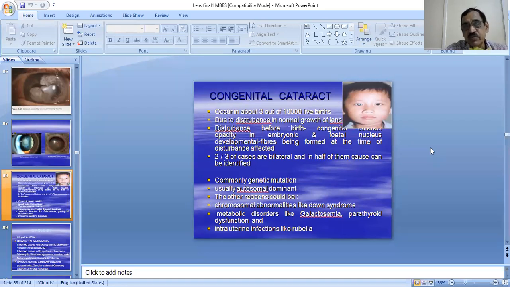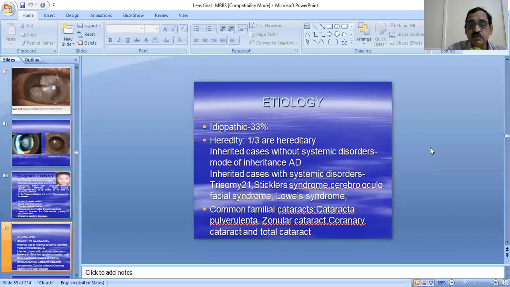Intrauterine infections such as rubella, cytomegalovirus infection and herpes can give rise to cataract formation in the children. If you take etiology, about 33% of the cases are idiopathic, where we cannot identify any cause or reason for it. And about one third of the total cases is hereditary.